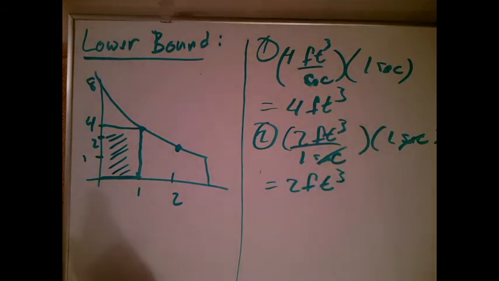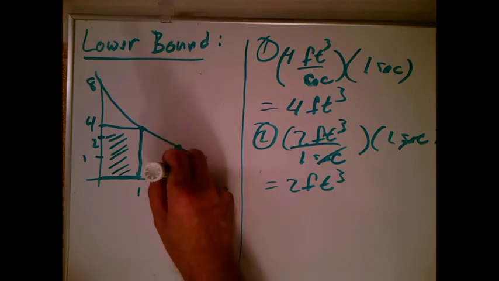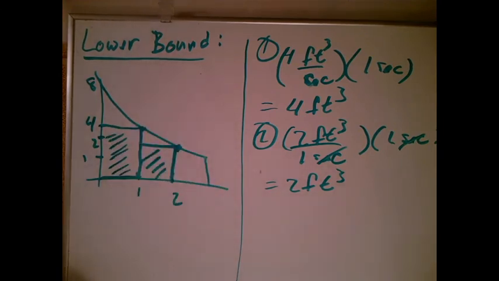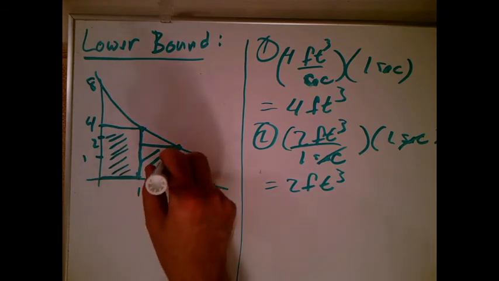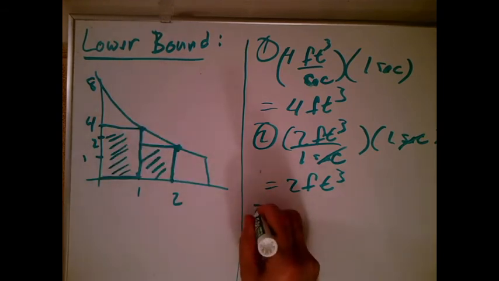What's that 2 cubic feet? That's guaranteed lower than the amount of escaped air between t equals 1 and t equals 2. But whenever you see a product in a math class, that's going to be an area. What area is that? It's the area of this rectangle, whose height is 2 and whose width is 1. And you notice that not only is 2 a lower bound for the amount of escaped air, but that same 2 is a lower bound for the amount of area under the rate graph during that time.